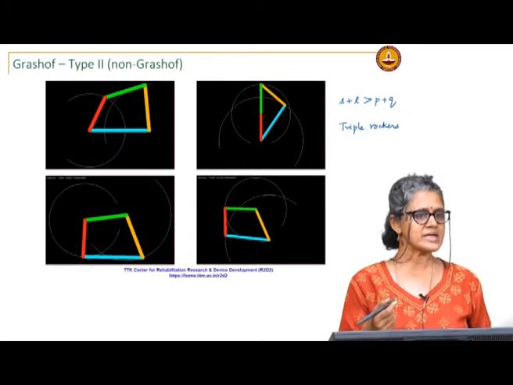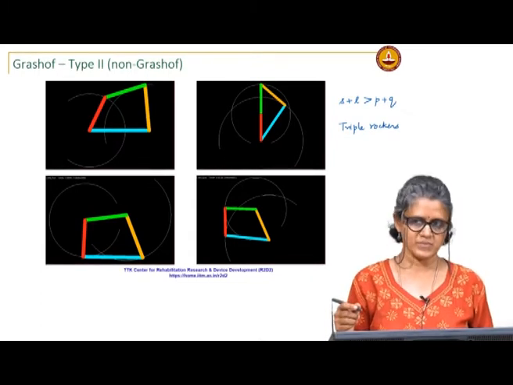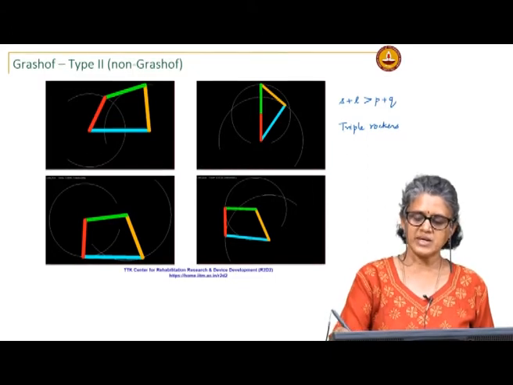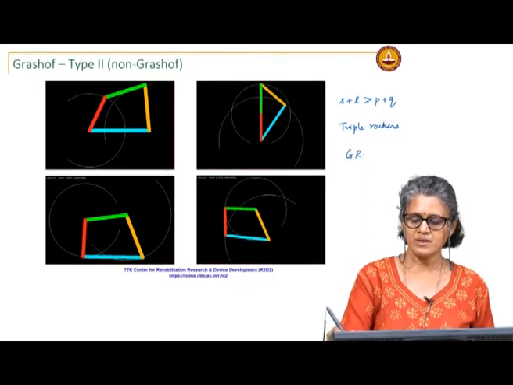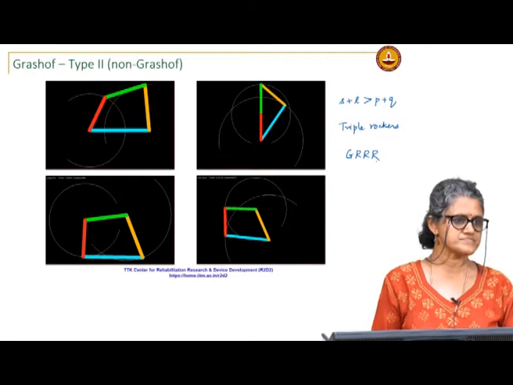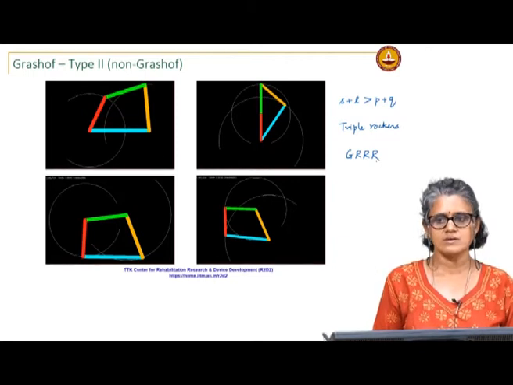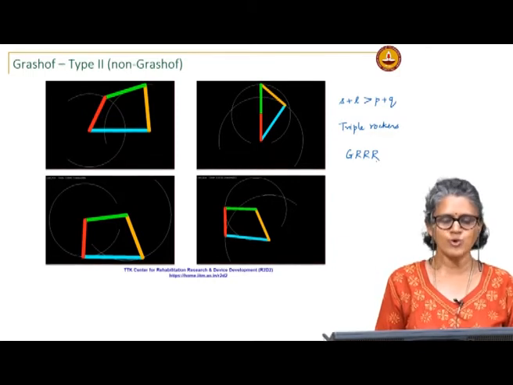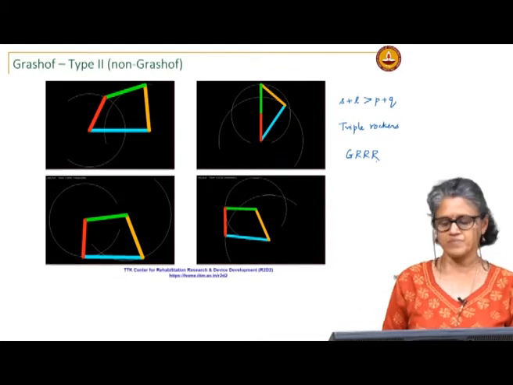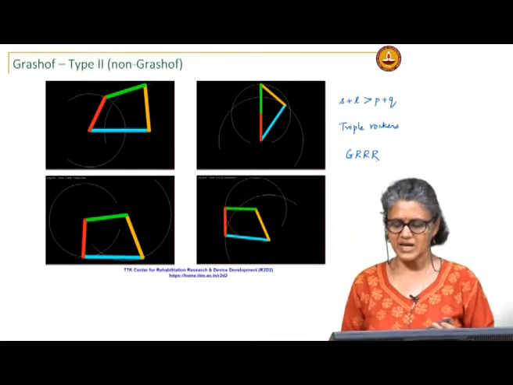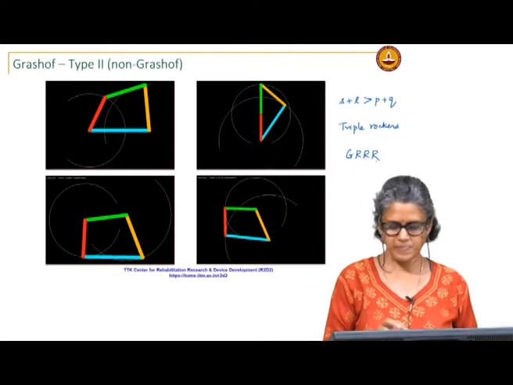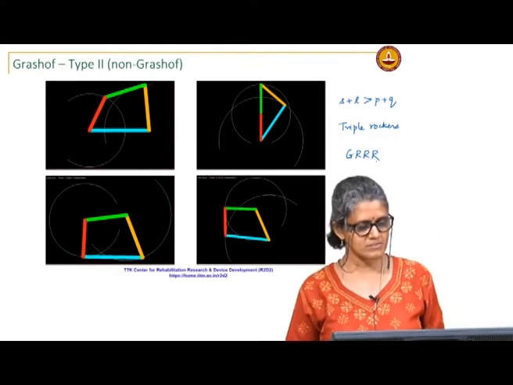There is no link that can make a complete revolution. So, they are typically denoted as RRR. You have no C in the notation. So, that is the Grashof triple rocker.